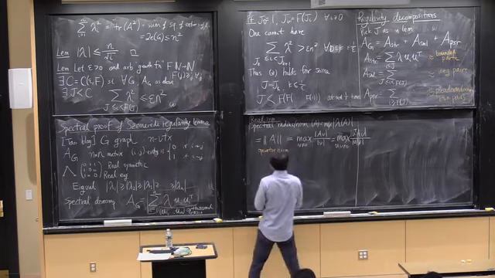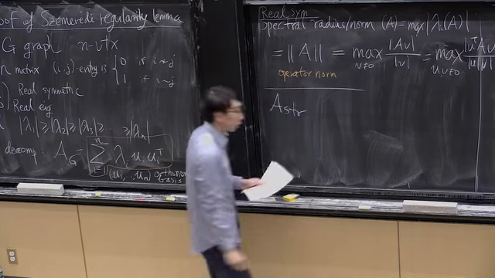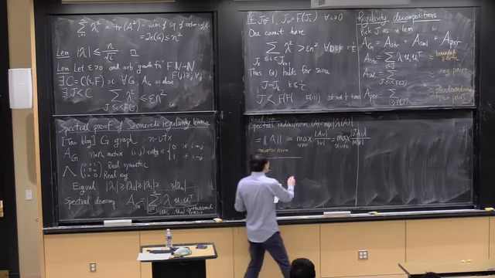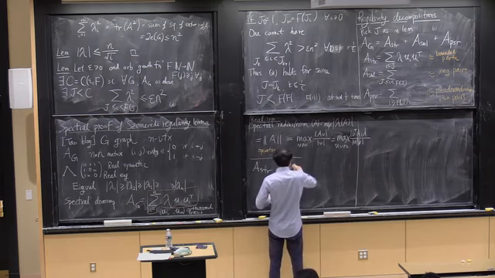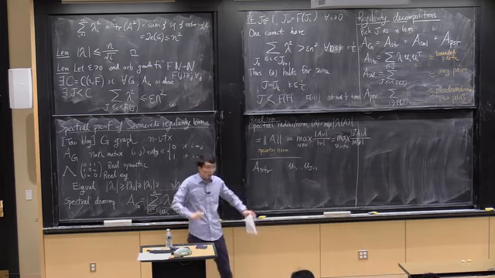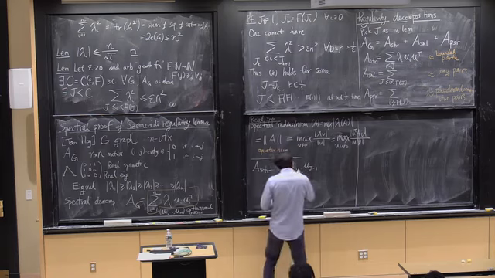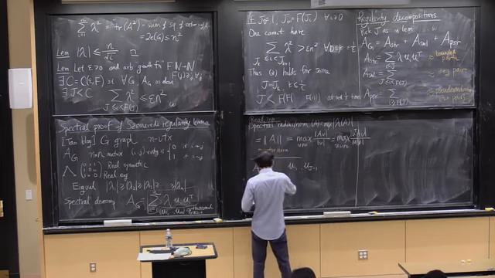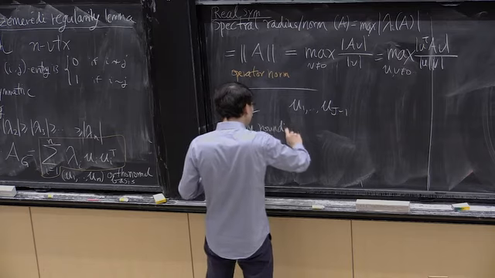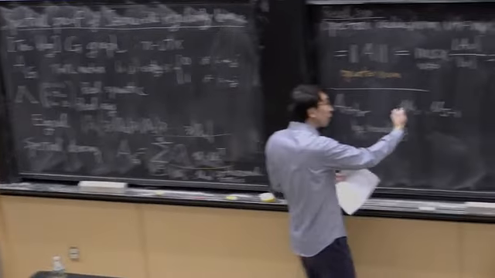Basically, you can look at the structured part, which has in its data a bounded number of eigenvectors, and by rounding, we can basically round these guys.